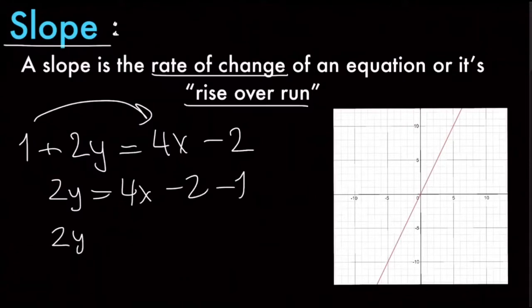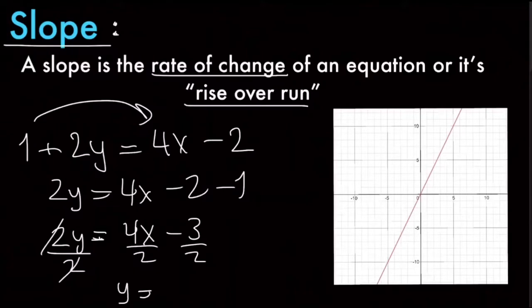So 2y equals 4x minus 3. Then we will divide by 2 on each side to get y alone, making y equals 4 over 2, which is 2x, and we can keep this as a fraction, 3 over 2. So the slope here is this number, 2.